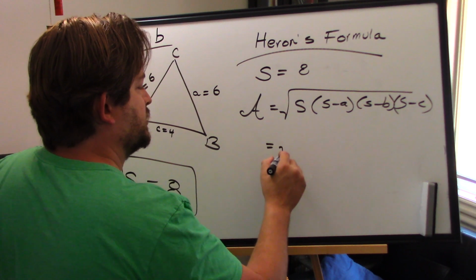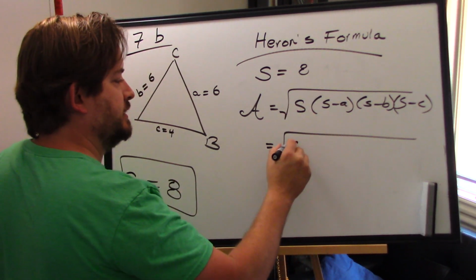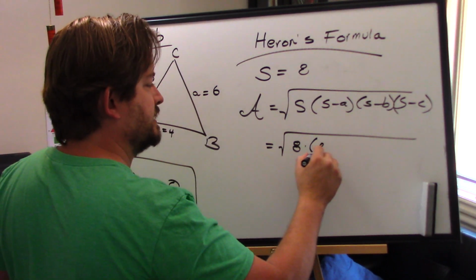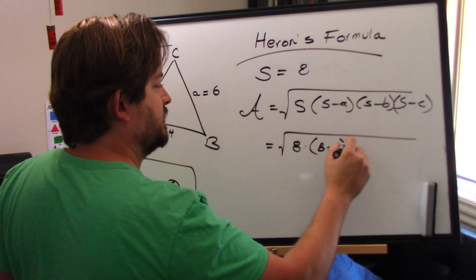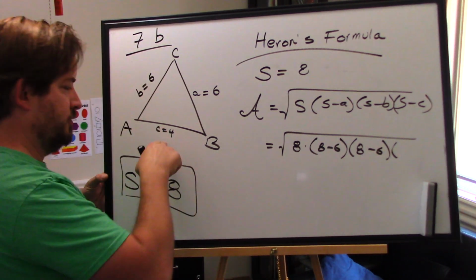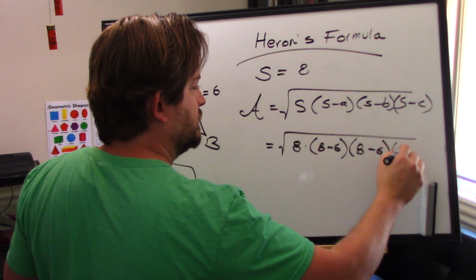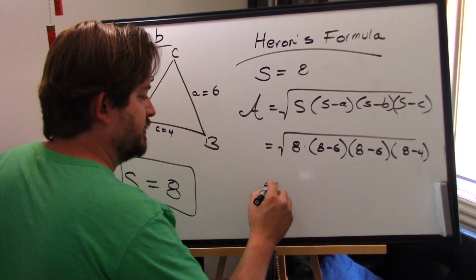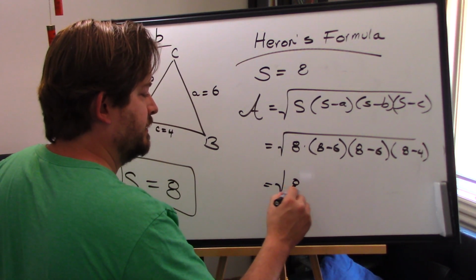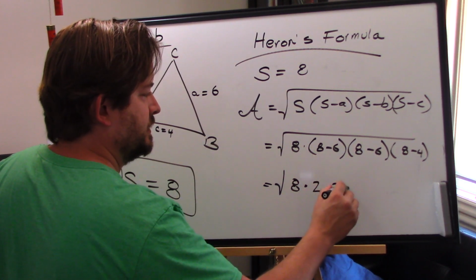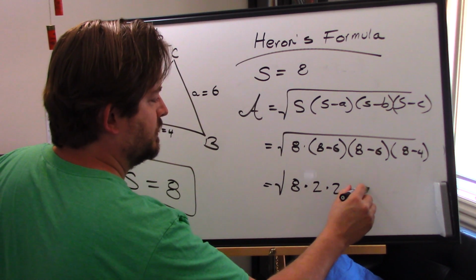So this is the square root of S, which is 8, times S minus A, so 8 minus 6, times another 8 minus 6, times 8 minus 4. Which is to say I have the square root of 8 times 2 times another 2 times 4.